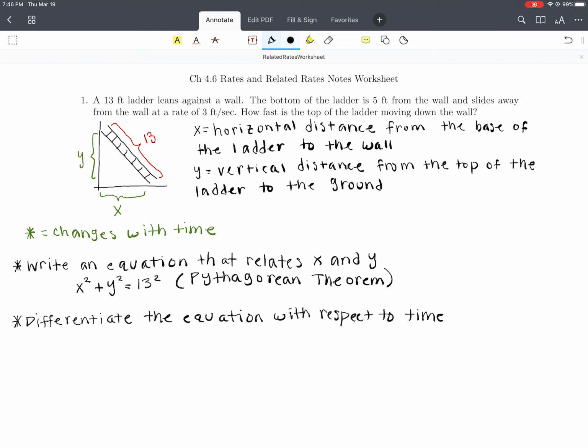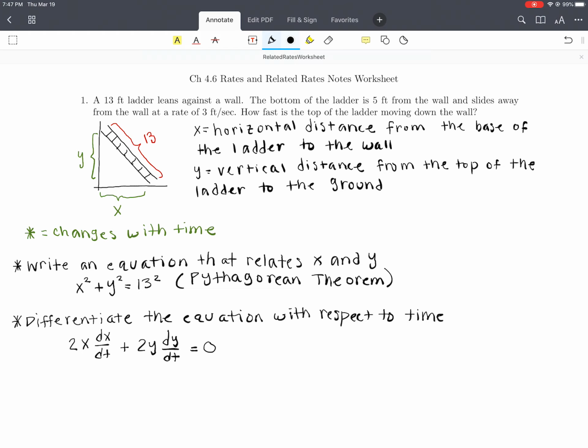So here's where that section on taking derivatives of implicit functions is going to come in handy. So our derivative is 2x dx/dt plus 2y dy/dt. And the derivative of 13 squared is just 0.